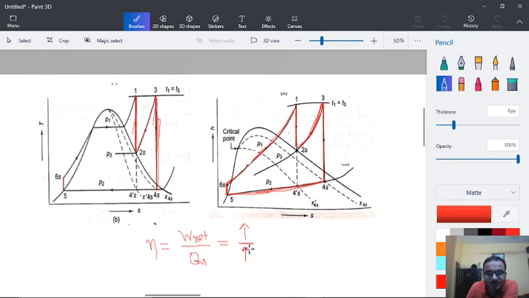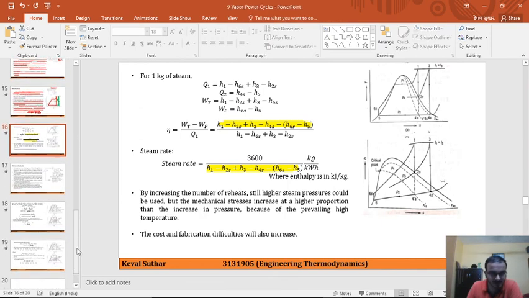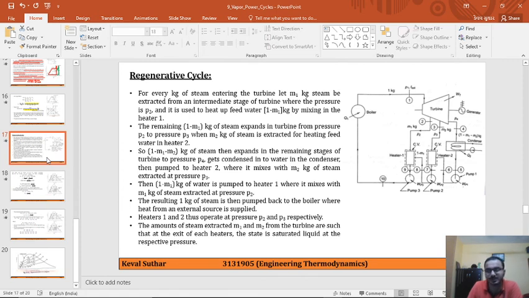So we need to check with examples for which particular values we can obtain a rise in efficiency in case of the reheat cycle. So our next topic is regenerative cycle, that will be discussed in our next lecture.